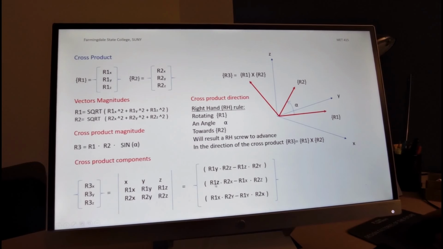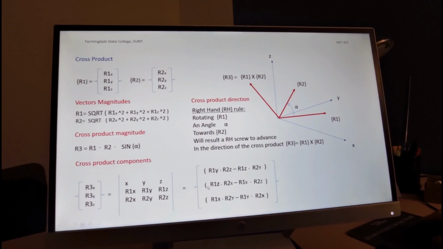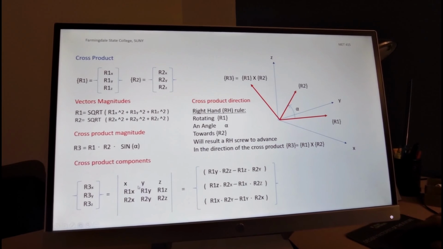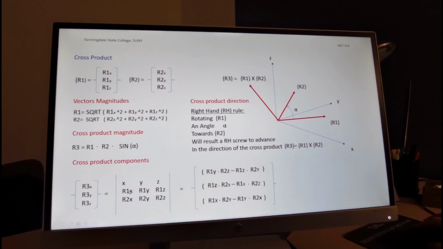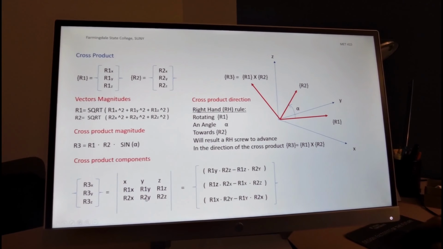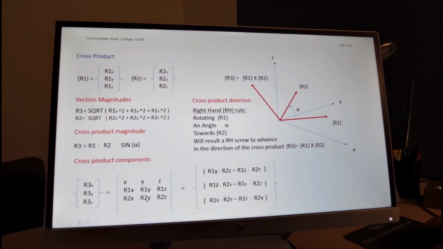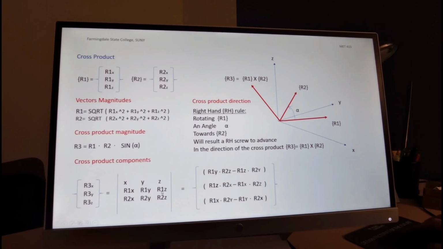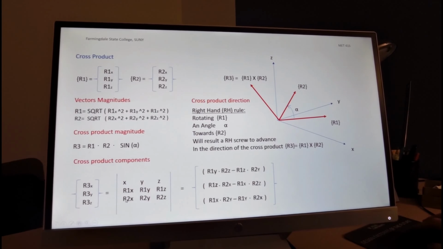Here they are. Then we take the second component of the cross product, the one related to y. I'm sorry, for this one it will be r1z times r2x.